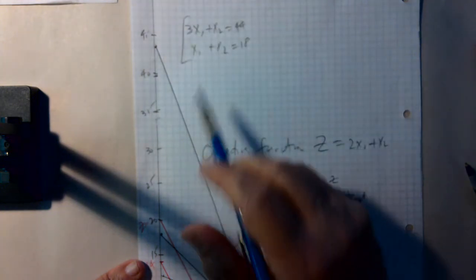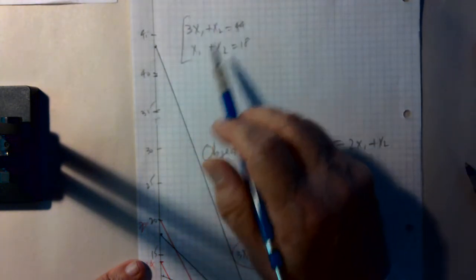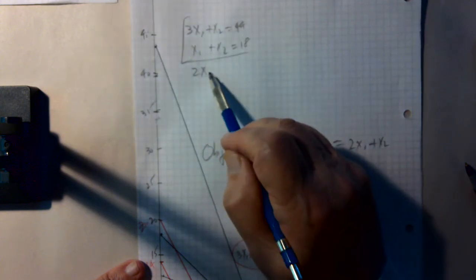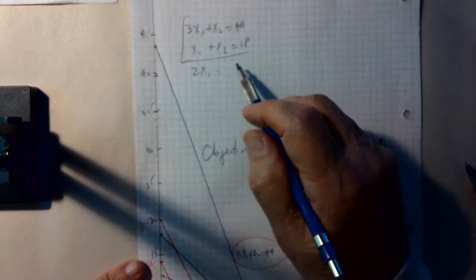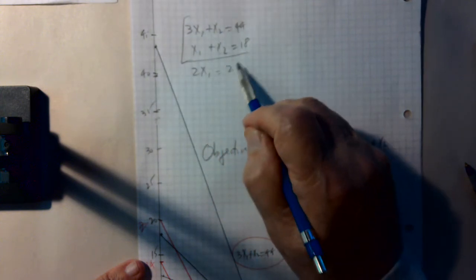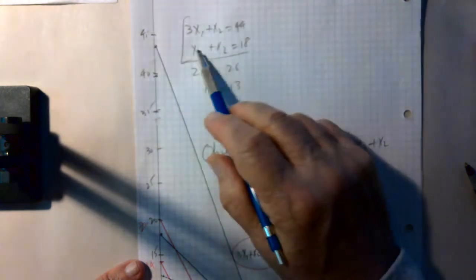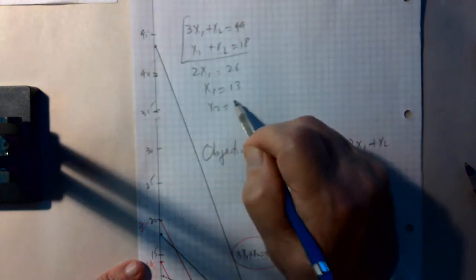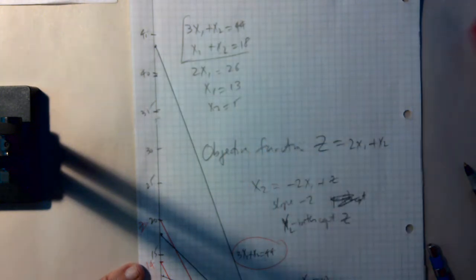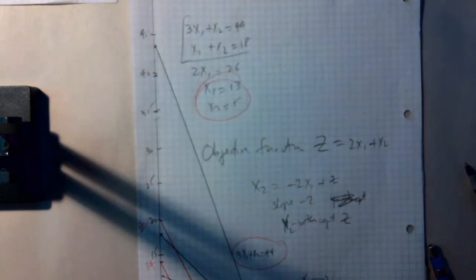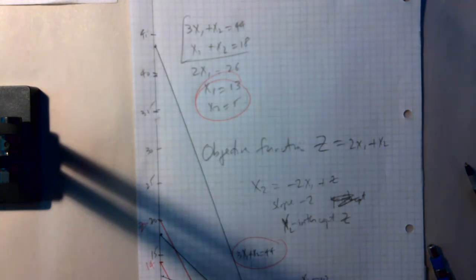What's the solution? Well, if we subtract the second equation from the first, we get 2x1 equals 26. So x1 equals 13. And if x1 is 13, x2 equals 5. So the coordinates of this point are 13, 5.